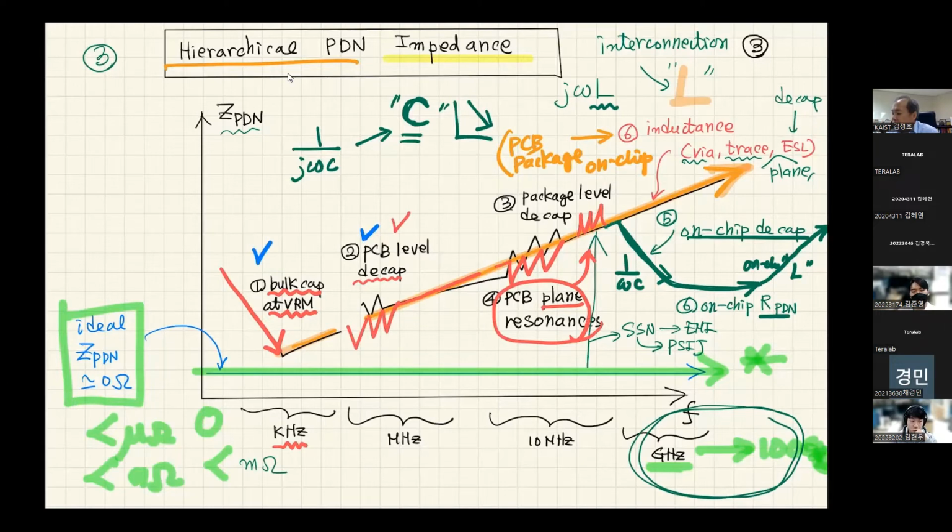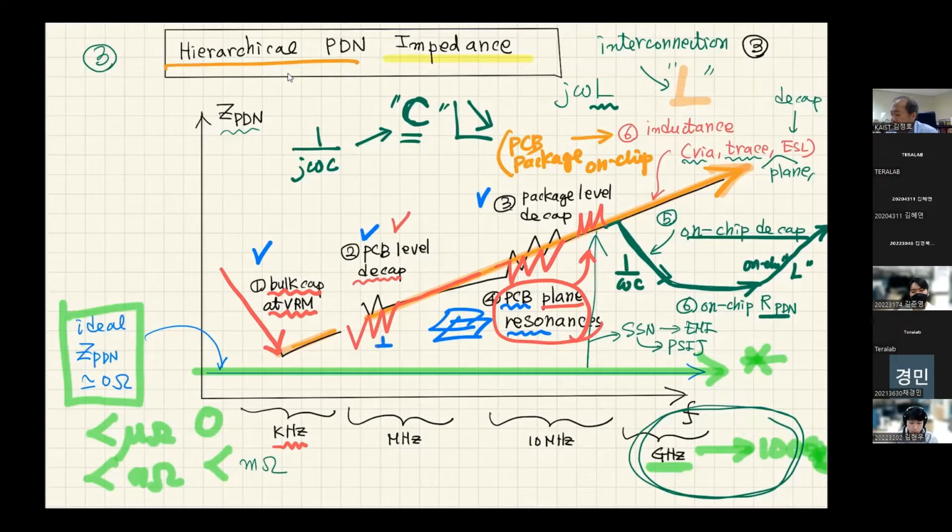In the megahertz range, you may have to control the package level decap. In the 100 megahertz range, if you want to control the EMI levels associated with the power supply network, you have to control the PCB level plane resonances.